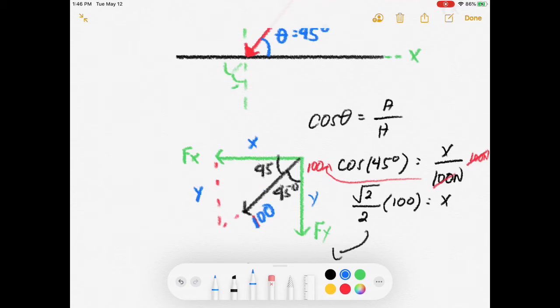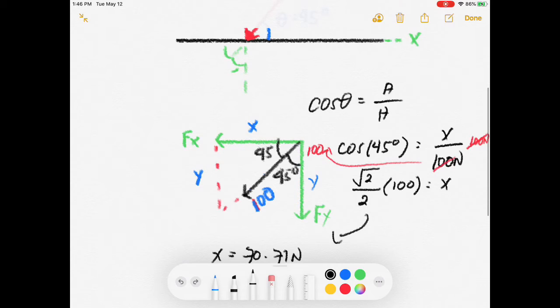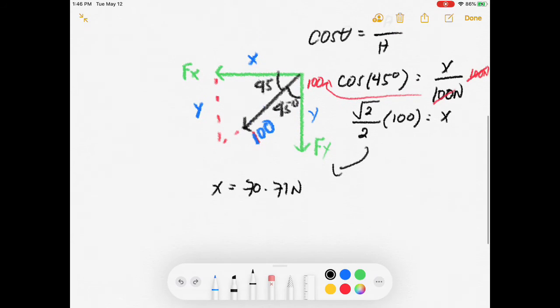So it's the same concept: you could use adjacent over hypotenuse. Take note the answer will be the same because both angles are 45. But with other givens, this side and this angle would vary, so the resulting force would definitely change. So Fx is 70.71 Newton, and Fy is 70.71 Newton.